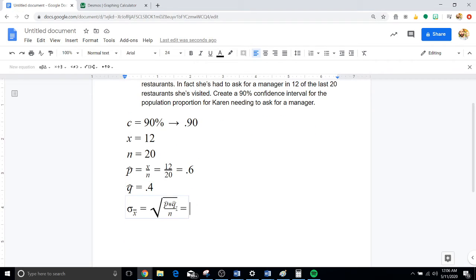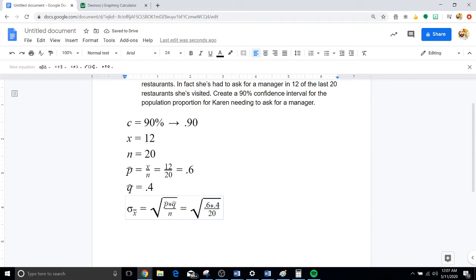So our standard error is just going to be this all filled in. We know that p hat was 0.6, q hat is 0.4, and n was 20.